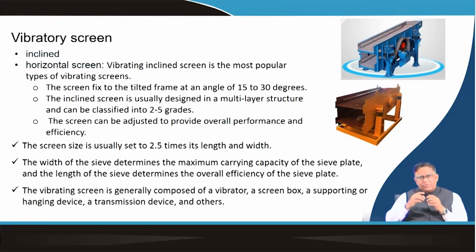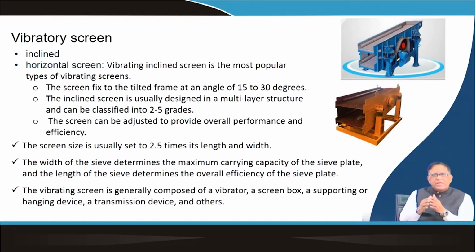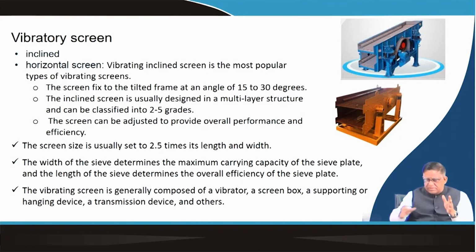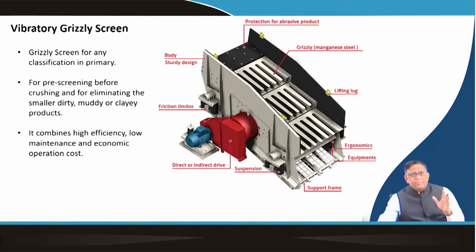Many a time there is the screening problem or the soaking problem, or you are sending more material in the oversize, then sending it back again in a closed loop. Sometimes you are making it more fine, then your grade is reduced and your performance may go bad. So, that is why you will have to know in the design how the drives of this type of vibratory screens are made.